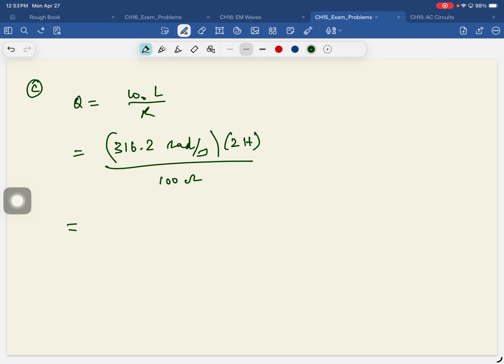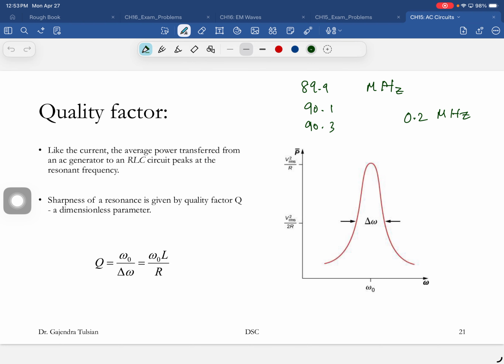So the quality factor is about 6. And the quality factor is a frequency divided by a frequency, so it's a dimensionless number.